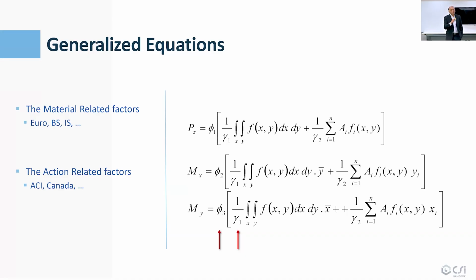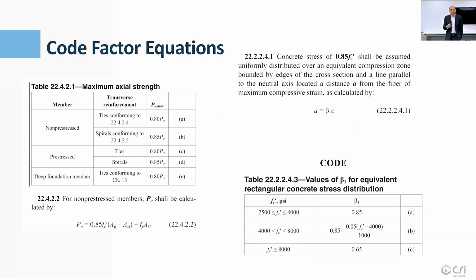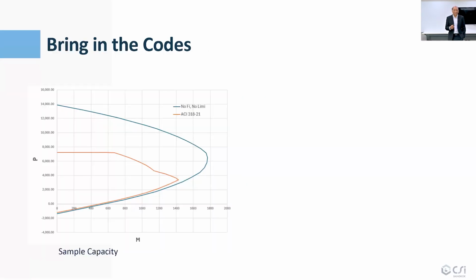So the codes will use any of these to modify these capacities. And these are the factors from the codes. You can see here ACI and other codes. These factors could be 0.85, 0.7, 0.9, or in the case of the Eurocodes, gamma could be 1.15, 1.5, and so on. So we have those mechanisms to modify the strength to be less than the theoretical one. This is what happens.